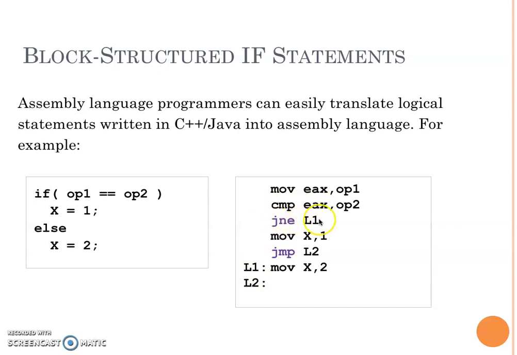If they are equal, I cannot jump, so I just move x equal to 1. But if the if statement is true, I need to find a way to skip my else statement. So those conditional and unconditional jumps make our high-level language work like this.